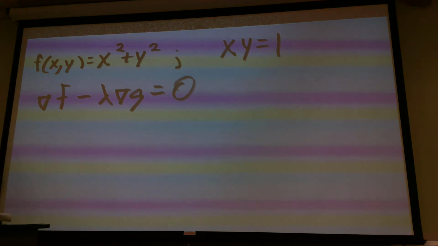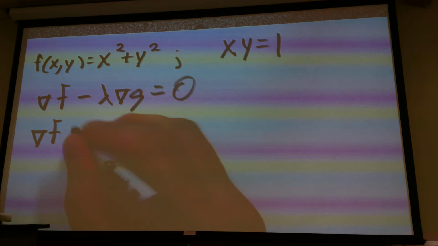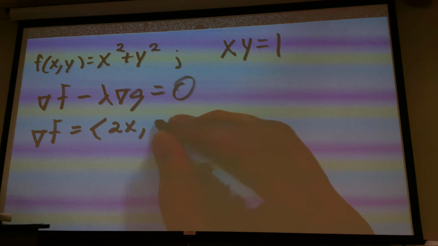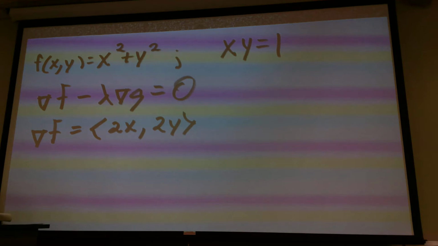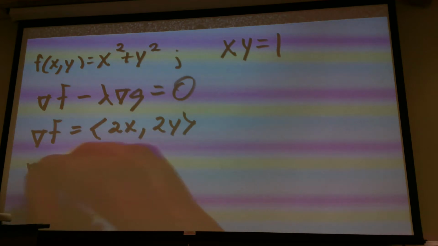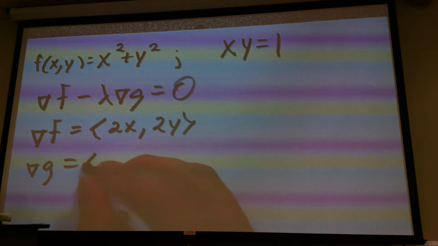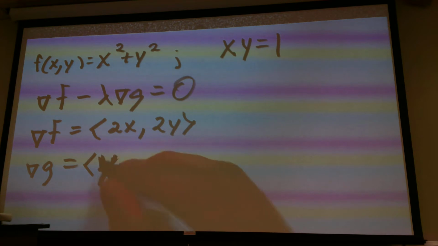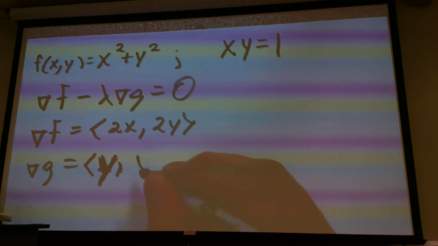All right, so let's look for the gradient of f. The gradient of f would equal the derivative of x squared, which is 2x, and the derivative of y squared, which is 2y. Now the gradient of g: the derivative of this with respect to x would be y, and the derivative with respect to y would be x.